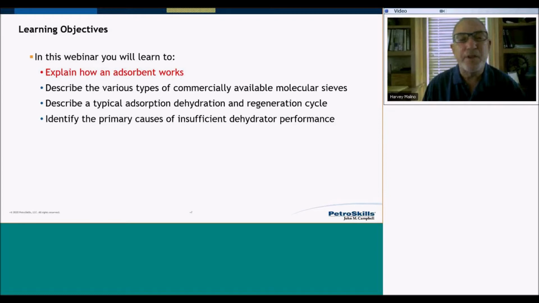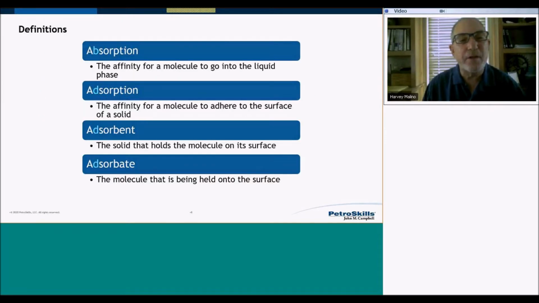So let's start with how an adsorbent unit works. First, the definitions. Absorption with a B is the affinity for a molecule to go into the liquid phase. Typical absorption units are TEG, triethylene glycol units, and amine units. Adsorption with a D is the affinity for molecules to adhere to the surface of a solid.